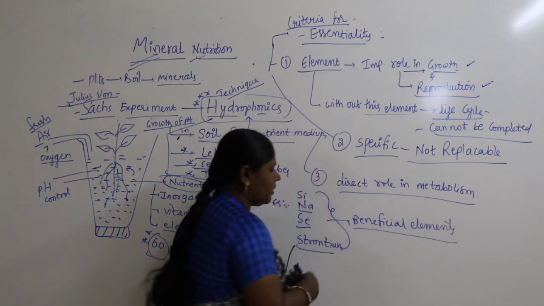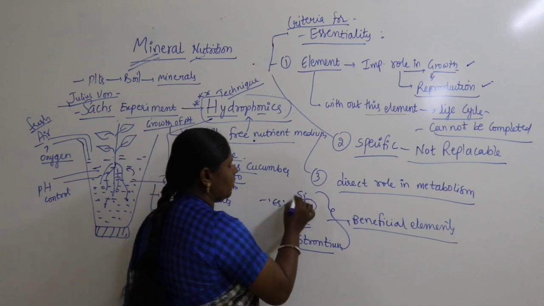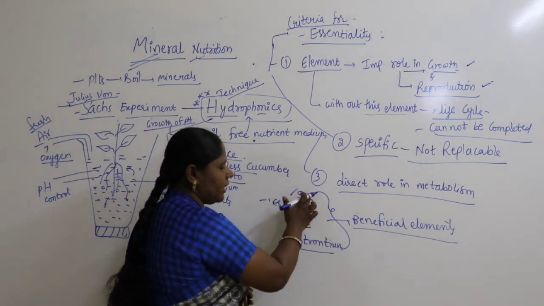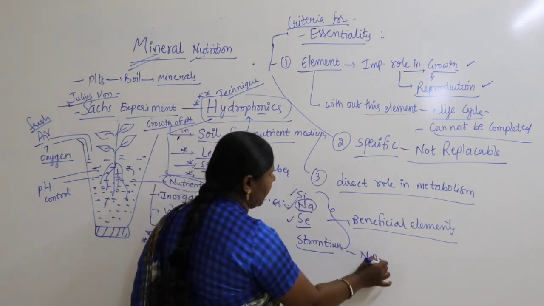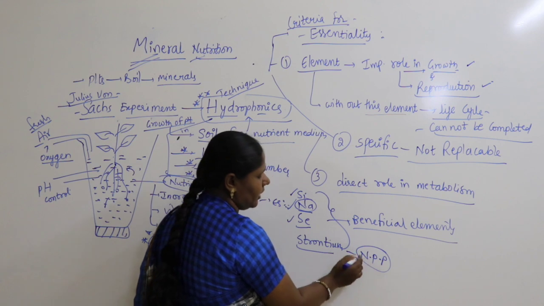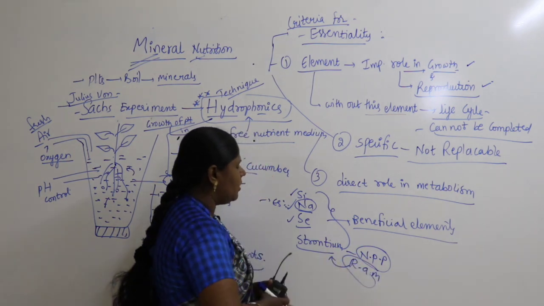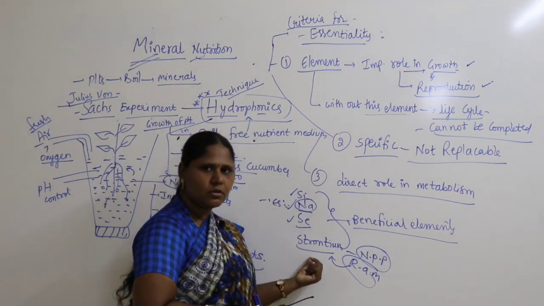Generally these may not occur commonly in the soil. Sodium is the most common one, but some soils contain selenium, some contain silicon, and especially near nuclear power plants and nuclear testing, radioactive material is found in the surrounding soil. It may be a different type of radioactive material; for our example, we are taking strontium.